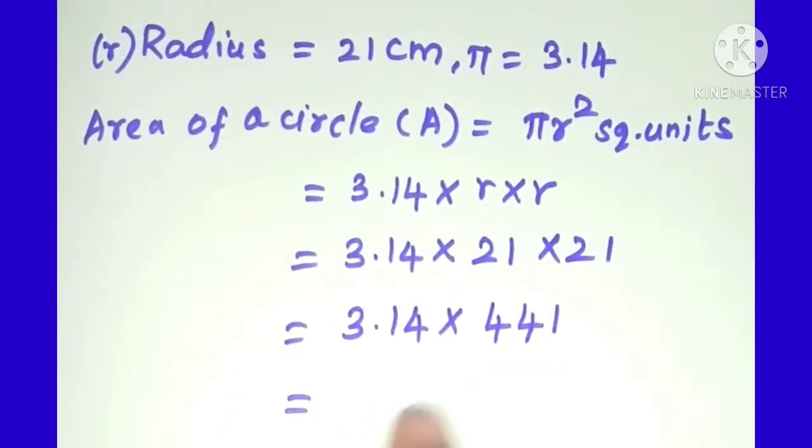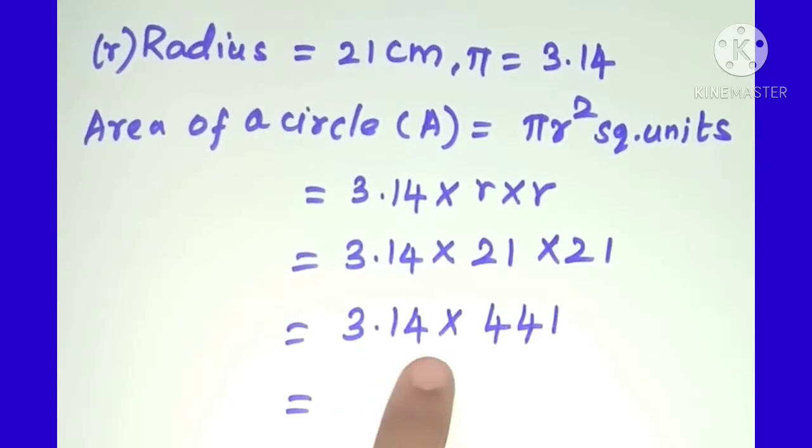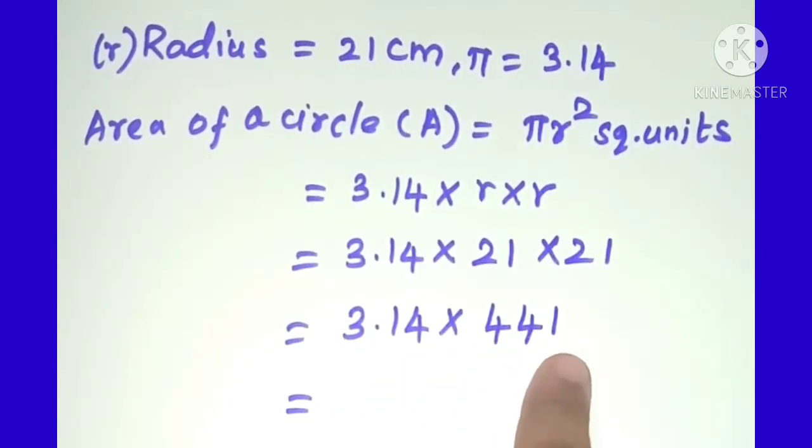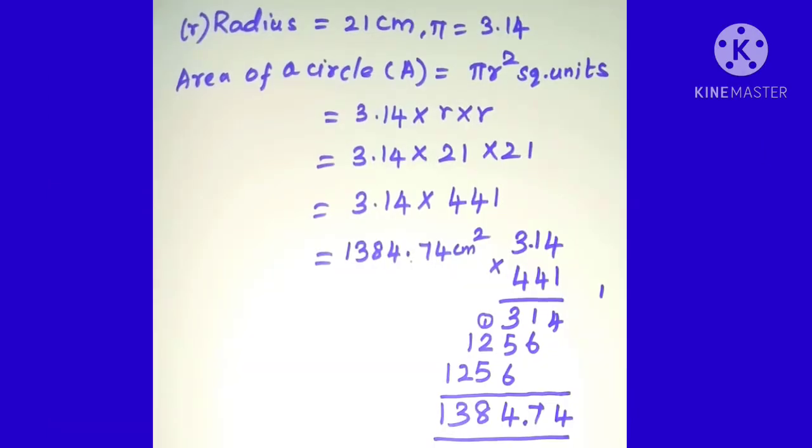Now multiply 3.14 and 441. Students, while multiplying, we know that we leave the decimal point. So now multiply these two values as they are. So 314 into 441 gives this value, that is 138474.